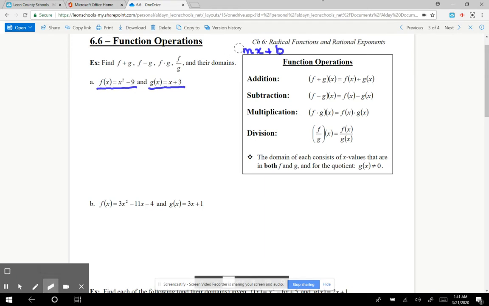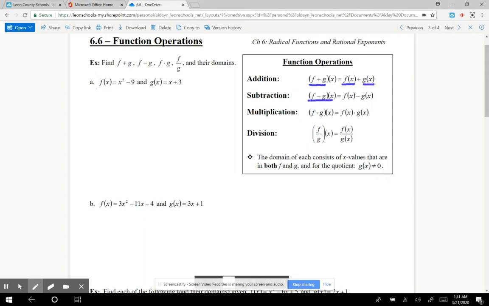All right, operations. That means add, subtract, multiply, and divide. So we're going to add them, subtract them, multiply, and then divide them. Look over to the right, and you're going to see there are different ways that you could write this. You could say f plus g, but what you're really saying is f of x plus g of x.